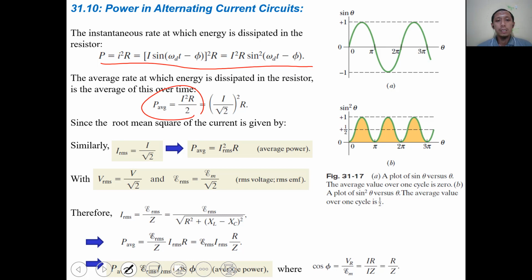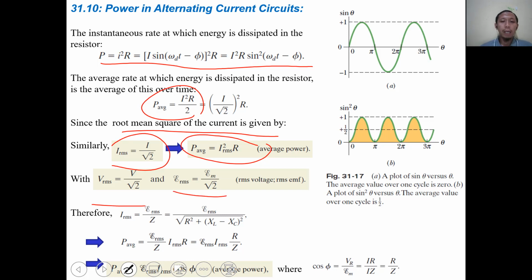P average is I squared R per 2, or equal to I per square root of 2, squared, R. Since the root mean square of the current is given by this, I RMS is equal to I over square root of 2. So the average of P becomes I RMS squared R, with V RMS also V per square root of 2, and then E RMS is E per square root of 2. Therefore I RMS is equal to E RMS per Z. So we change the Z into this equation: E RMS per square root of R squared plus (XL minus XC) squared.